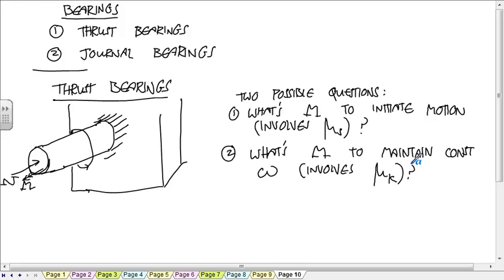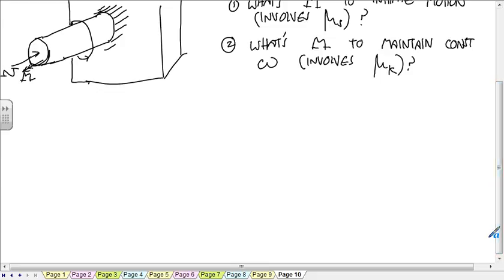All right. So I'm going to do this derivation for a hollow circular cross-section.